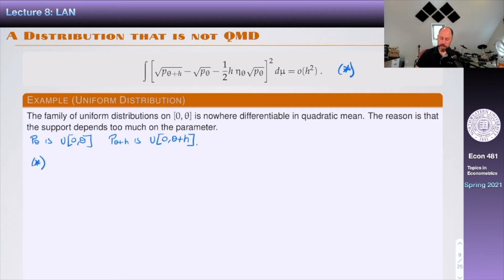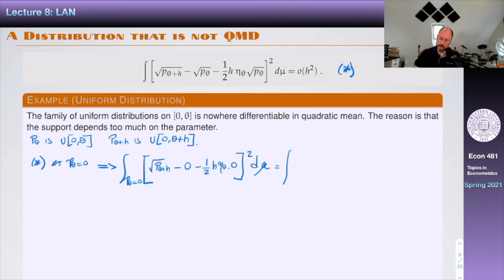And then look at star at the points where the density p_theta is 0. What you obtain is the integral where this density here is 0. And then you have square root of p_{theta plus h} minus 0 minus 1/2 h eta dot 0, squared, d mu. And this is just the integral over the region where p_theta is 0 of p_{theta plus h} d mu.